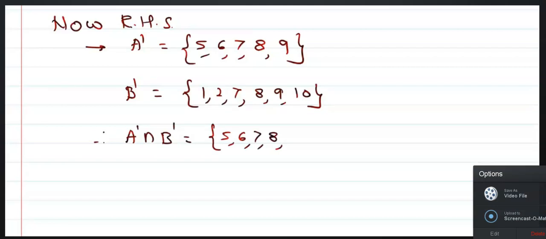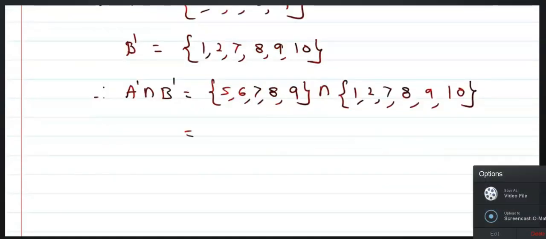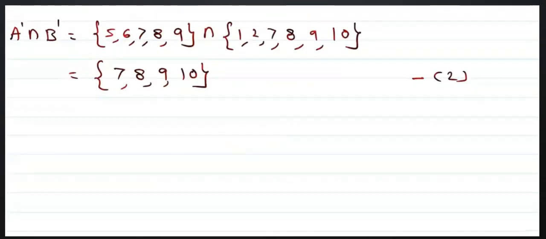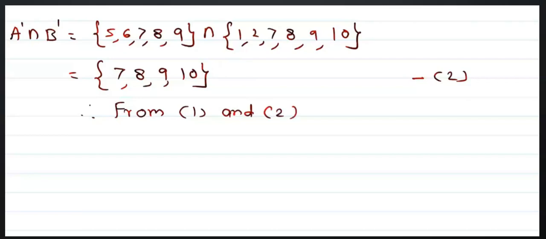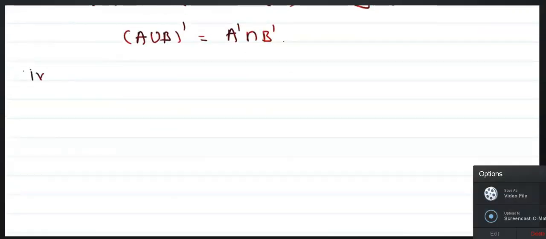That is A complement intersection B complement, which is 7, 8, 9, 10. This is number 2. Therefore, from 1 and 2, we get (A union B) complement is equal to A complement intersection B complement.